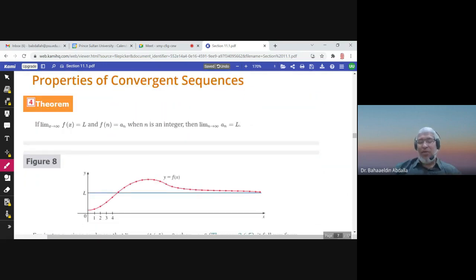We will have some theorems here to help us in finding the limits of sequences or to determine whether sequences are convergent or not.